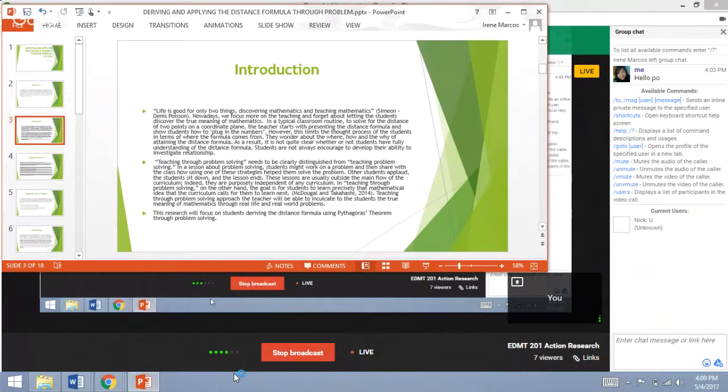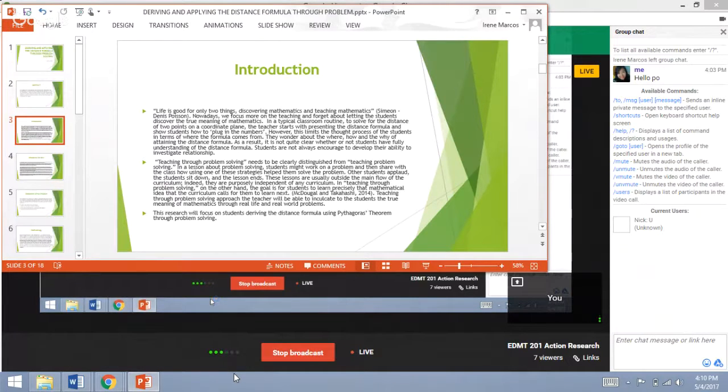The teacher will start by presenting the distance formula and show the students how to plug in numbers. However, this limits the thought process of the students in terms of where the formula comes from.